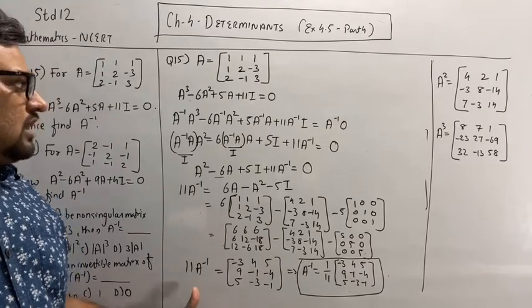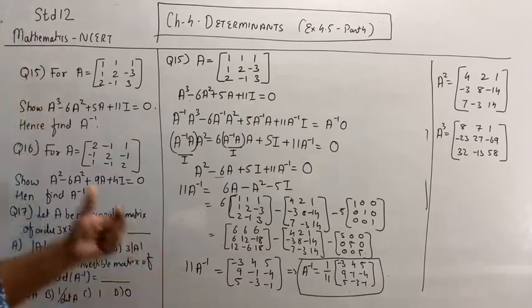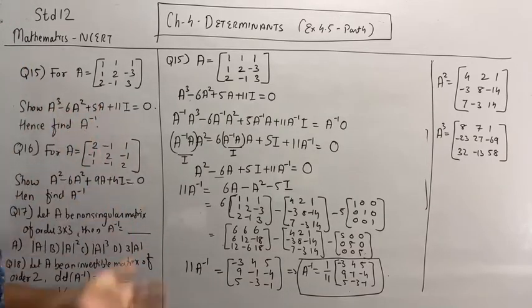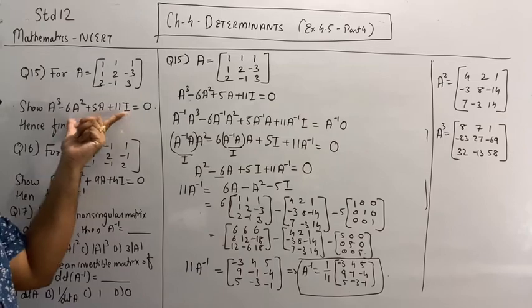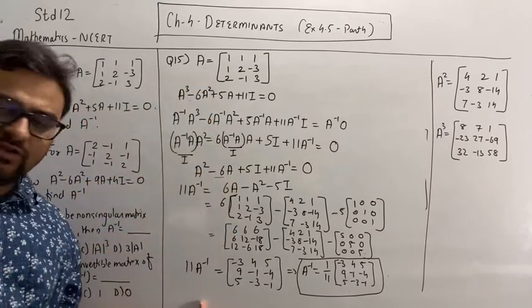Clear? So note down the third part. First, in the first part we found A cube and A square. In the second part we verified this. In the third part we found A inverse. Clear?